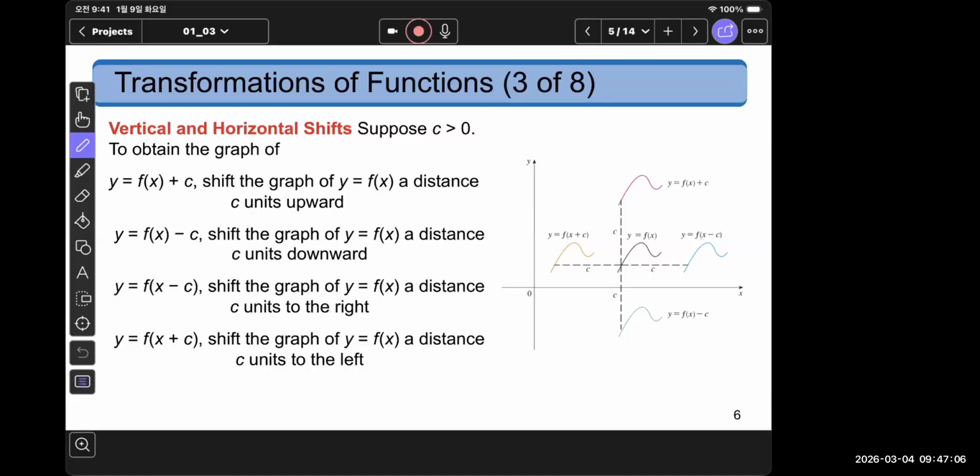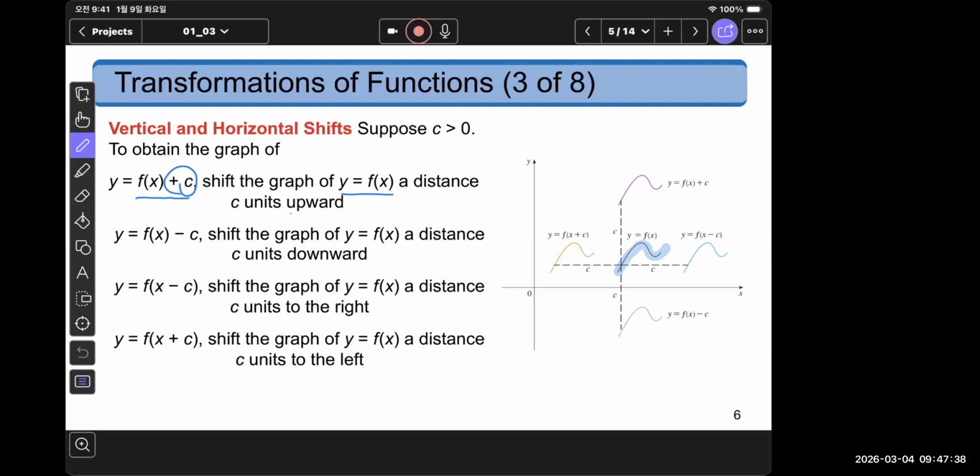And suppose that I know the graph of y equals f of x. This graph is given. And if I want to find the graph of y equals f of x plus c, then you need to move the graph of the original f function upward by c units.